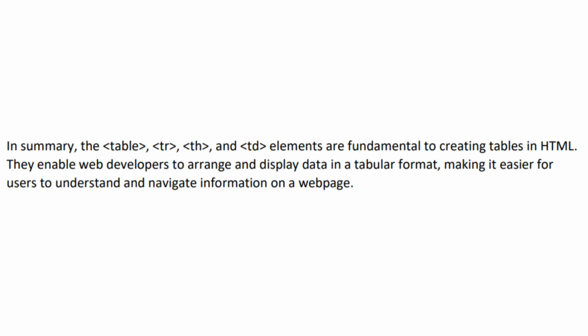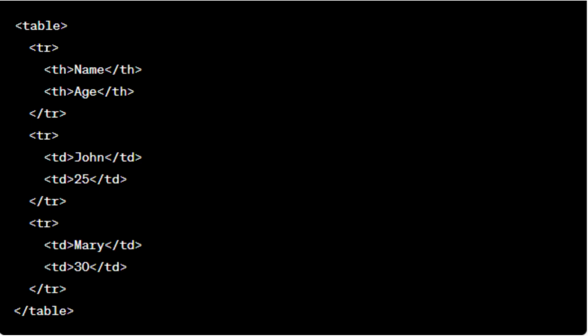In summary, the table, TR, TH, and TD elements are fundamental to creating tables in HTML. They enable web developers to arrange and display data in a tabular format, making it easier for users to understand and navigate information on a web page.